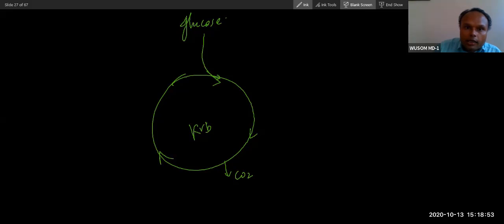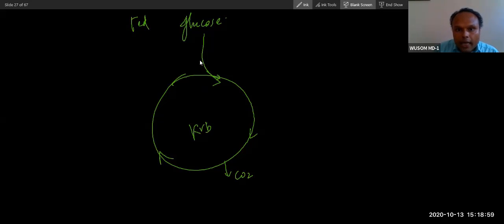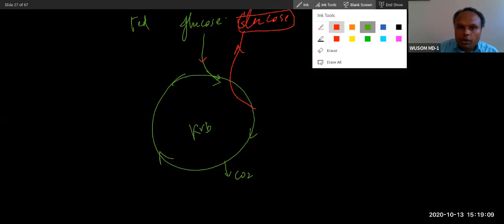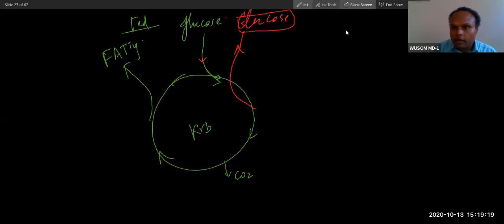But in fasting condition, what will happen? This Kreb cycle will produce glucose. In fed condition, it will burn glucose and produce fatty acid. In fasting condition, it will produce glucose.